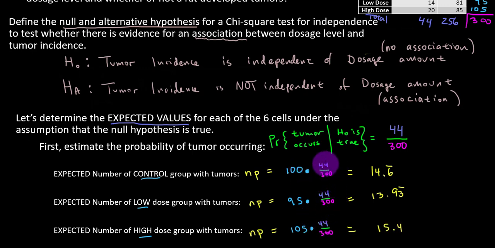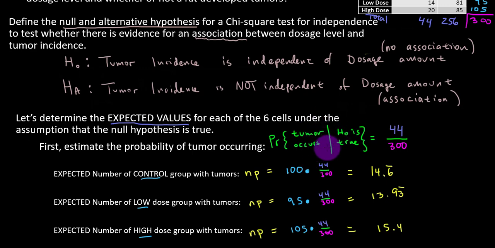This is the probability of observing a tumor in a rat if it doesn't matter what group you're in. Since there were 100 rats in the control group, we would have expected about 14.6 of them to have obtained a tumor if there truly was no effect of the dosage amount. So hopefully that helps. So we are halfway there.